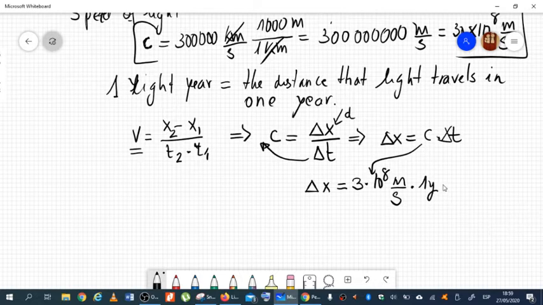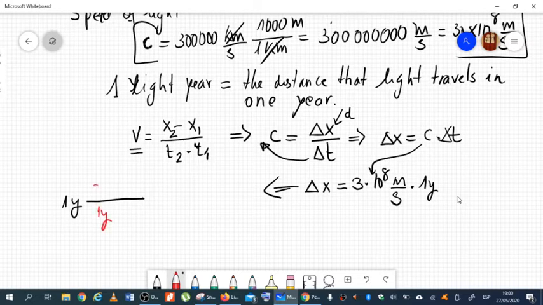So we have to convert 1 year to seconds in order to cancel this with the time. But not yet. We have to first pass 1 year to seconds.